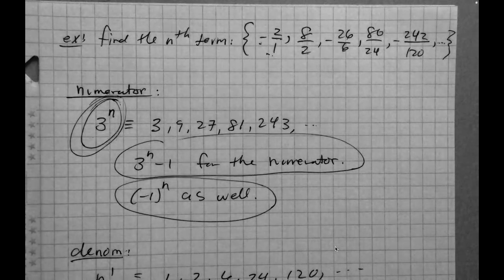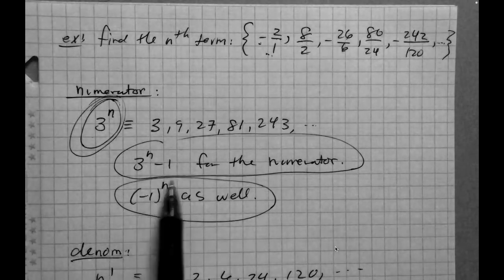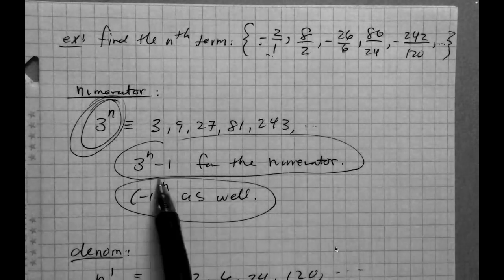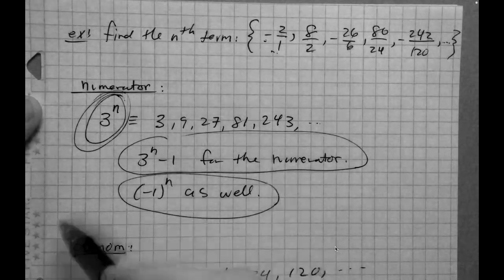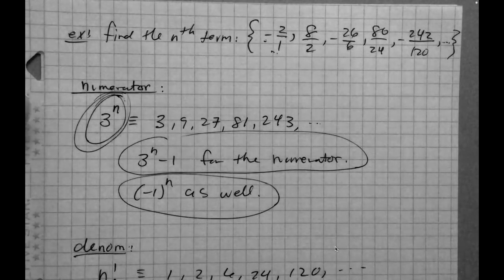There's a lot of trial and error, a lot of guesswork, hopefully recognizing some things, and then just having sort of a mathematical worldliness, like knowing what 3 to the n looks like for the first 4 or 5 terms, knowing what n factorial looks like, knowing that the oscillating nature of the sequence will require negative 1 to the n be a part of it, etc. Okay, so that is another example, a slightly trickier example.